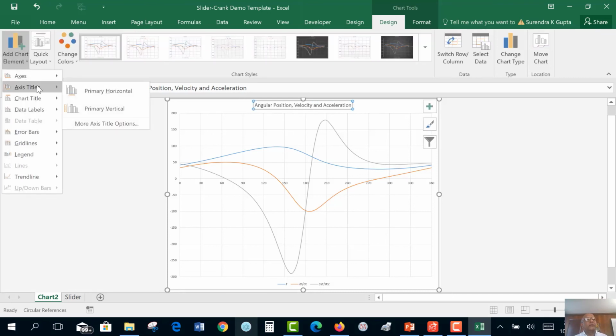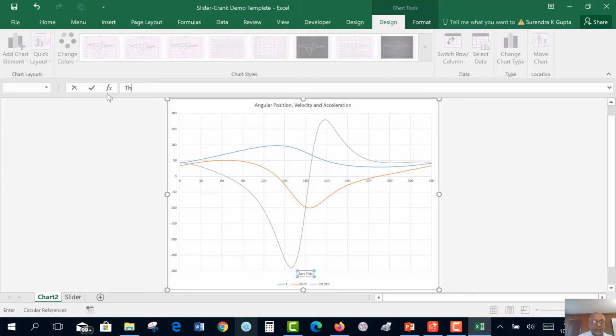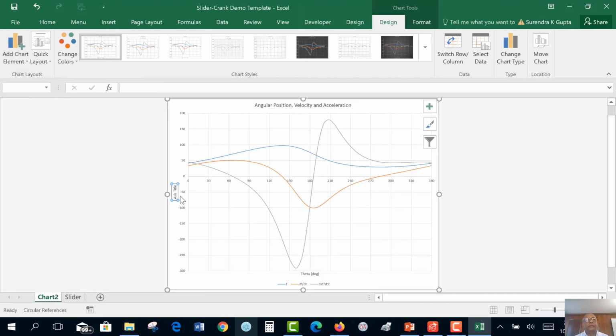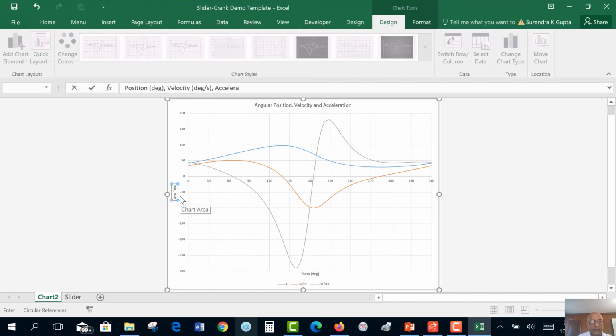Okay, our horizontal is theta in degrees, and vertical is position in degree, velocity in degree per second, and acceleration in degree per second squared, right?